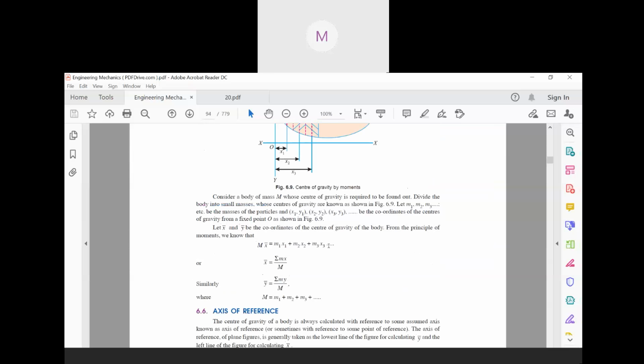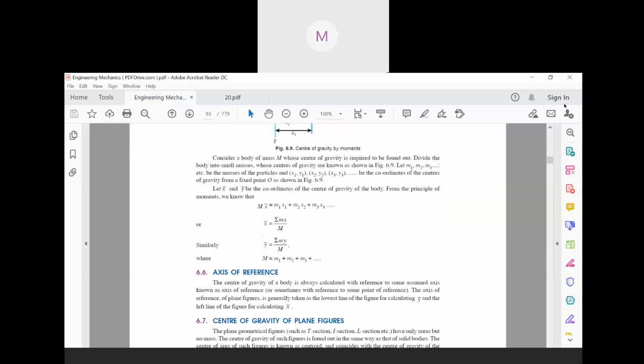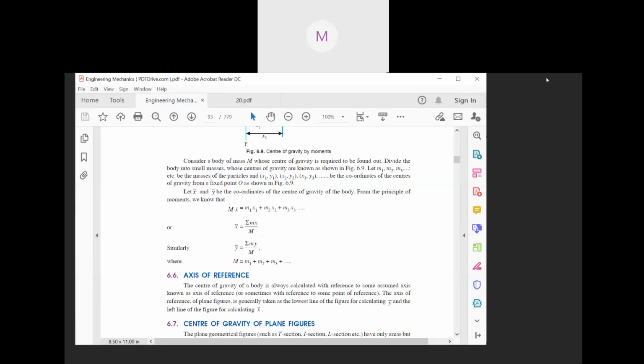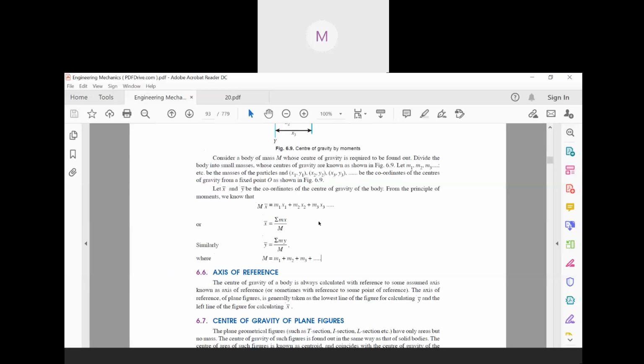The center of gravity is always calculated on the basis of an axis of reference, which is an assumed axis, known as the axis of reference, or sometimes the point of reference. This reference is taken as the lowest line of the figure for calculating y bar, and the left line for calculating x bar.